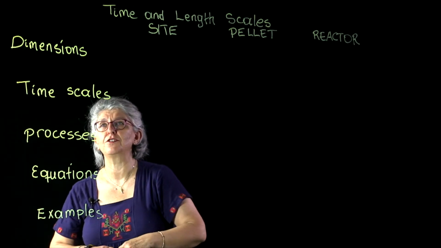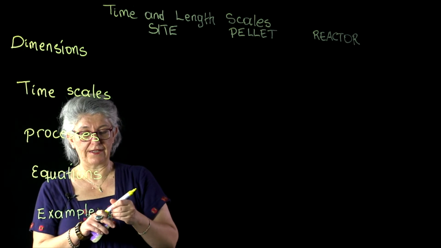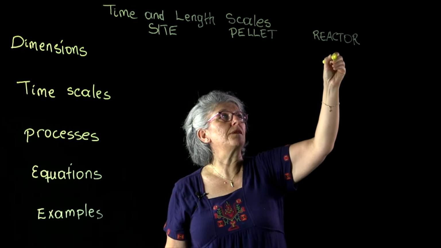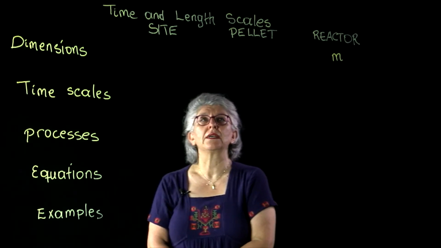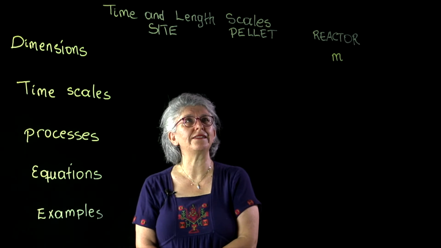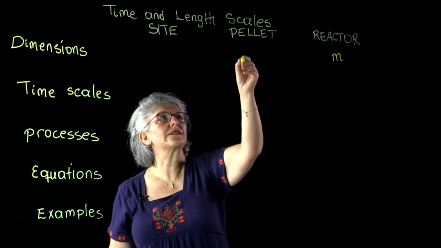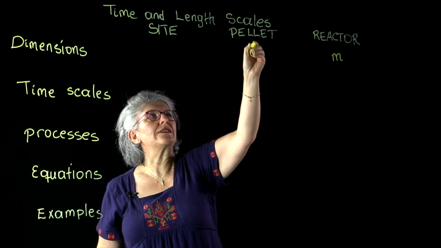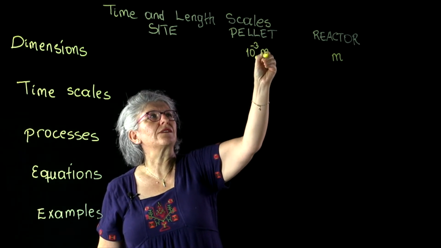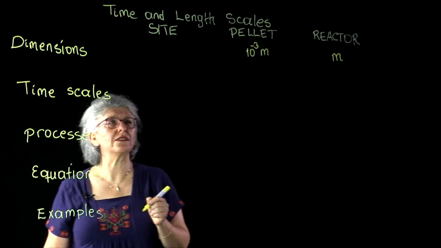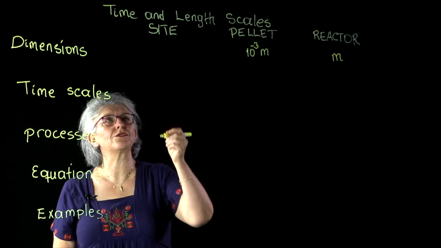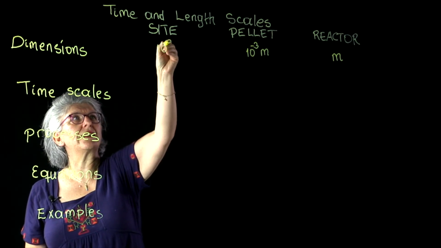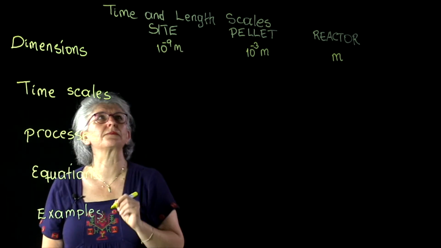All right, now first of all, the dimensions of the reactor, if you remember, was of meter scale. The dimensions of the pellet was of millimeter scale, or 10 to minus 3 meters scale. The dimensions of the site of the order of nanometer scale, or 10 to minus 9 meter scale.